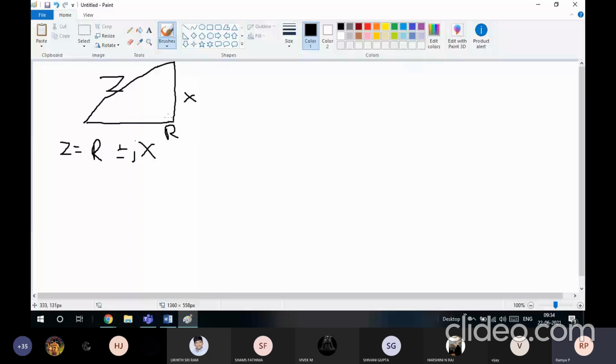If it is XL, it will be on the top. If it is XC, it will be on the bottom. In general, you will have a reactance, present either as inductance or as capacitance. Now this is your impedance triangle.